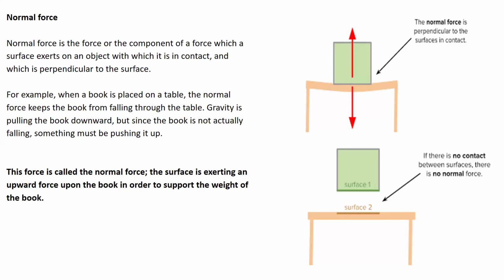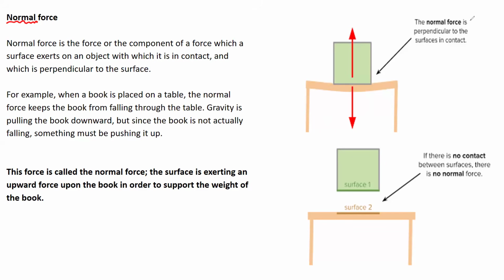When you speak about normal force, the word normal translated in physics means perpendicular to. That's what normal means.